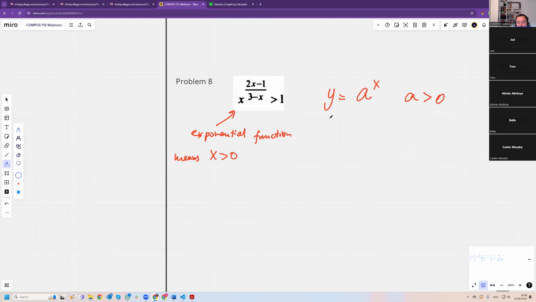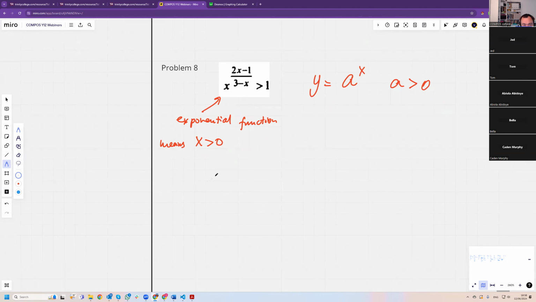Okay. Now, with exponential functions, if the base is greater than 1, if a is greater than 1, then a to the power x greater than a to the power y means x is greater than y.